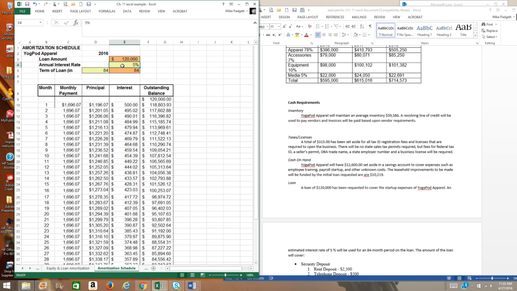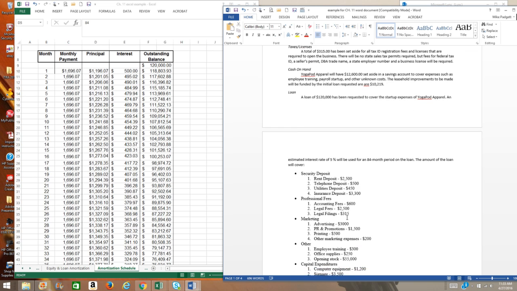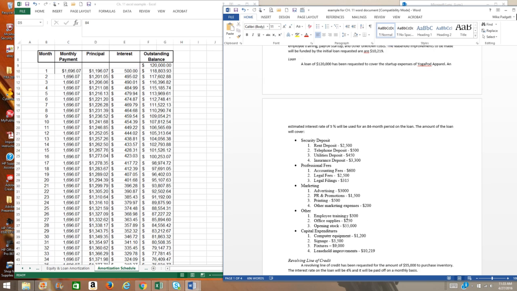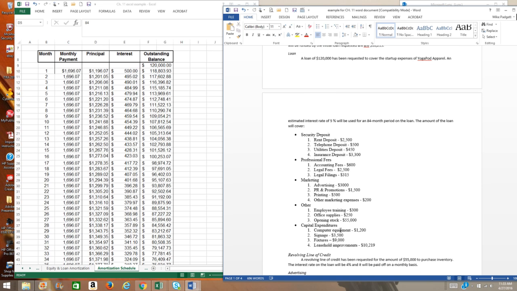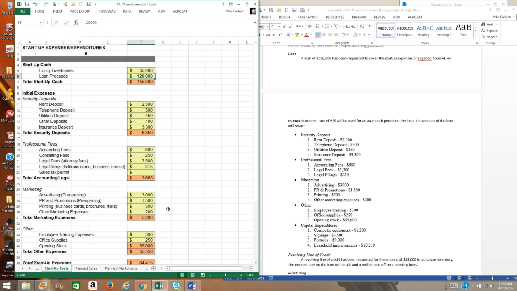It'll be at 5%, and then you put in the 84 months for the term of the loan. And then all of these numbers that you list, your security deposit, professional fees, all of that comes directly off your startup cost sheet. So just make sure that all these startup costs match up with this.